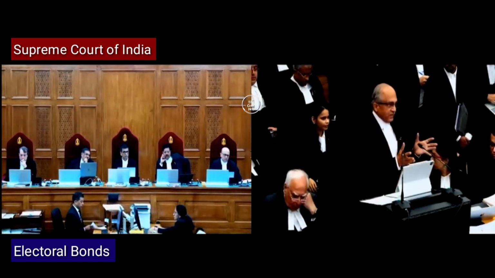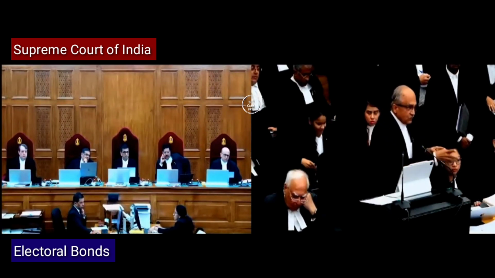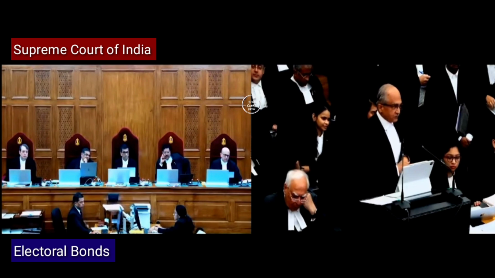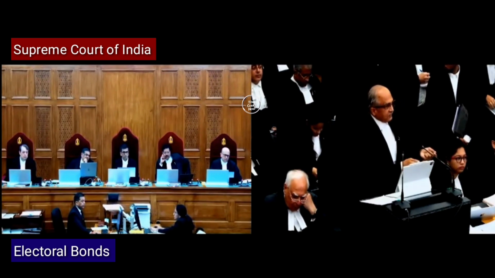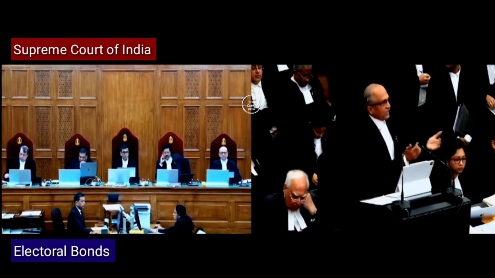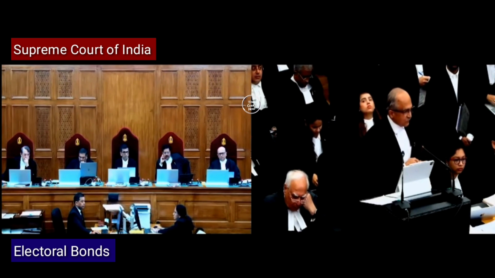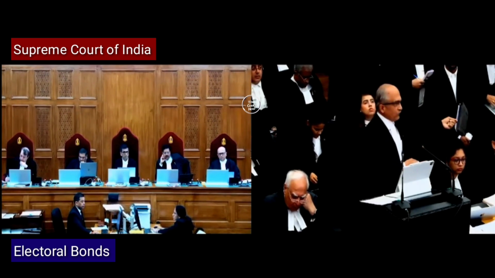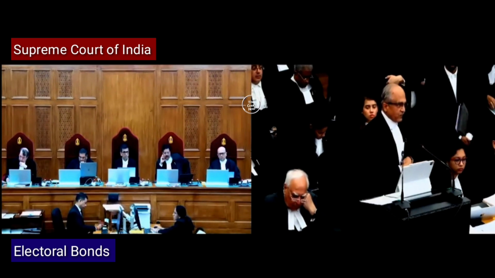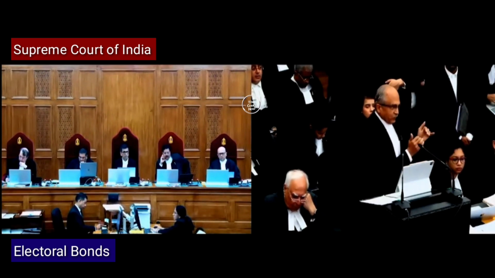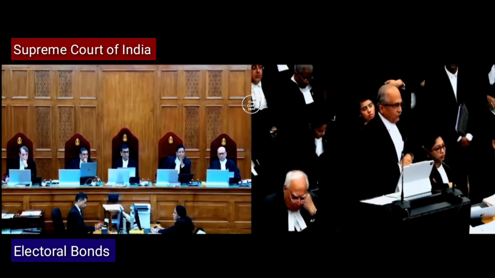So State Bank has a record of who has purchased which electoral bond. Now, of course, the bonds are bearer bonds. They are freely transferable. So suppose I purchase the bond, State Bank will know that yes, I have purchased this bond. But I can hand it over to somebody else, and that somebody else can give it to a political party. The political party also may not come to know who has donated.